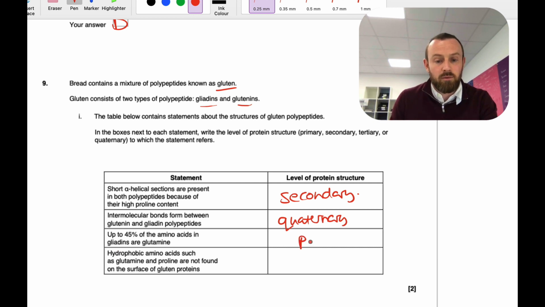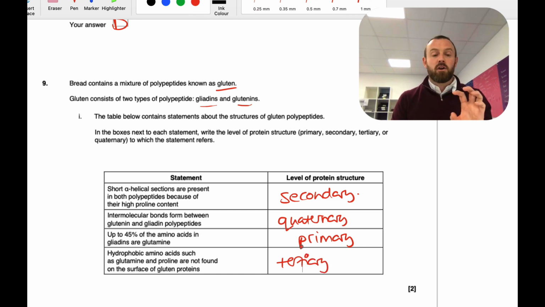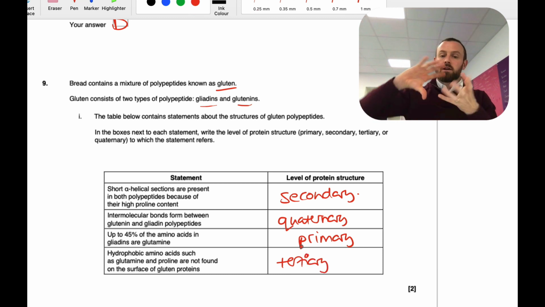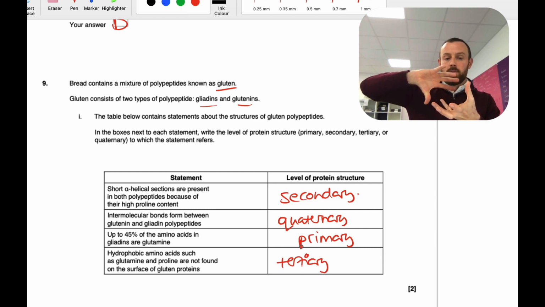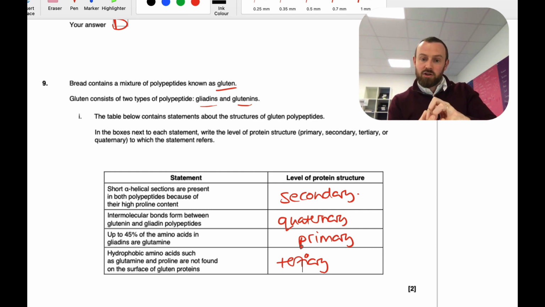This is talking about primary structure, because primary structure is just the sequence of amino acids. And this one is tertiary structure, because it's talking about hydrophobic and hydrophilic interactions and the way that causes one polypeptide to coil up into a shape.